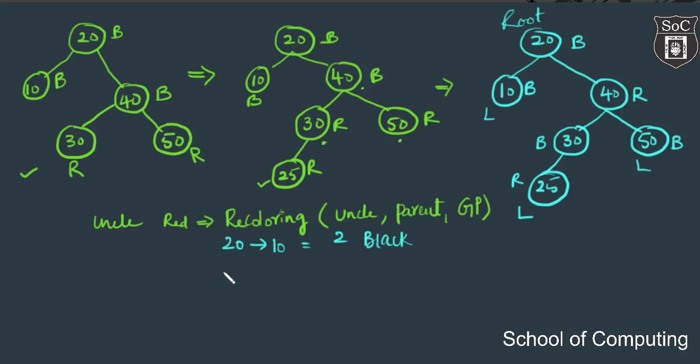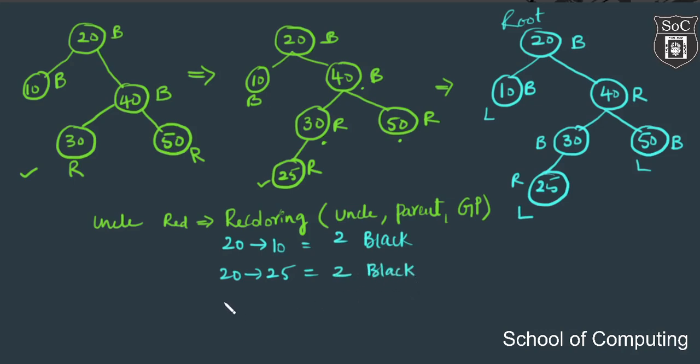And from 20 to 25, what is the path? 20 to 40, then 40 to 30, 30 to 25. In that path, how many black nodes am I finding? 2 black nodes.